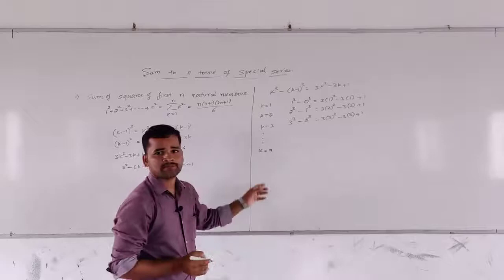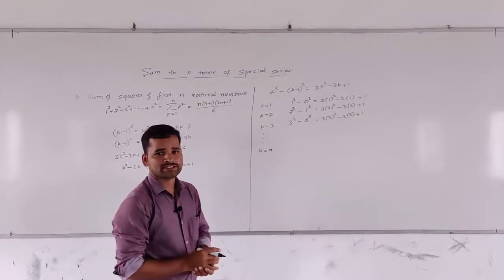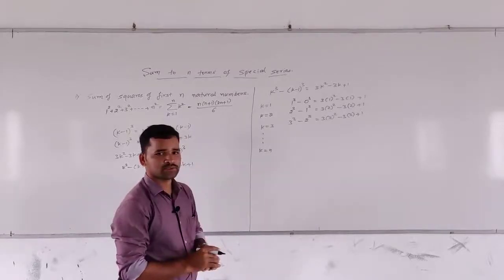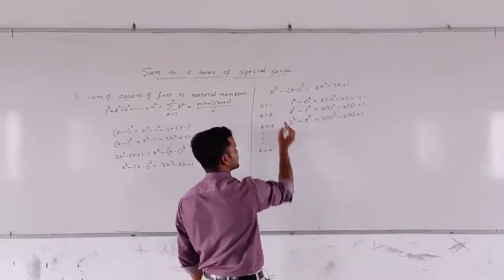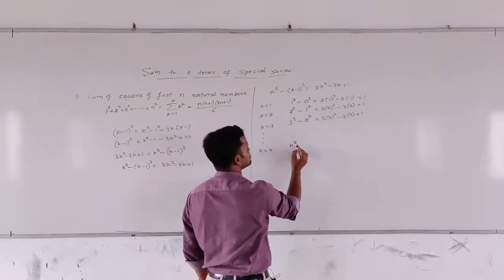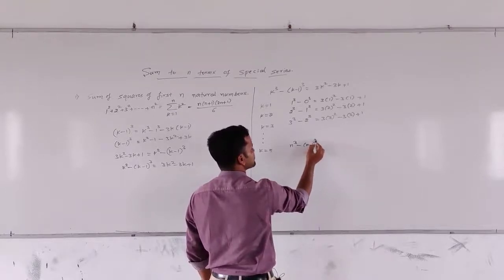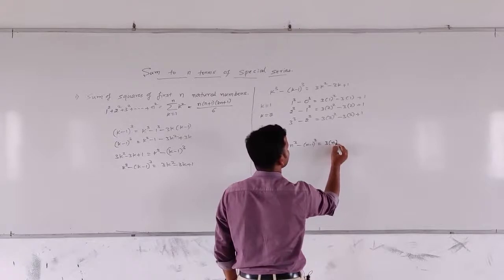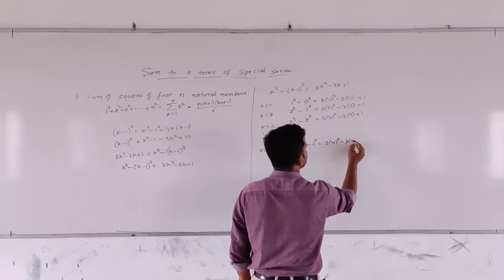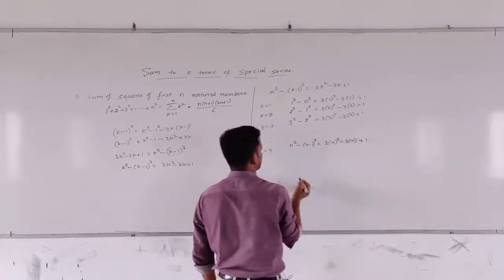Last natural number: we want the sum of first n natural numbers. Last, k equal to n we will substitute. When you substitute k equal to n, this becomes n cube minus of n minus 1 whole cube, which is equal to 3 into n square minus 3 into n plus 1.